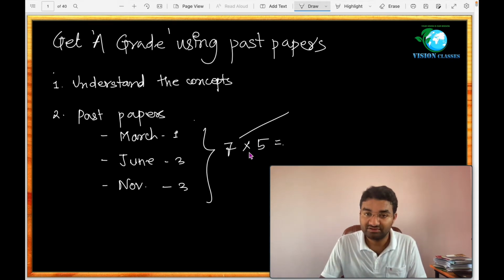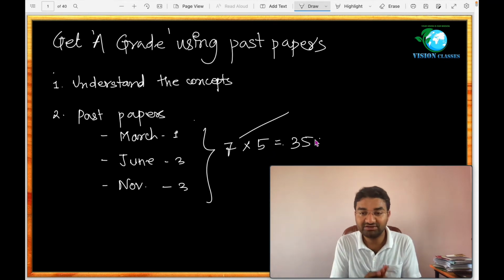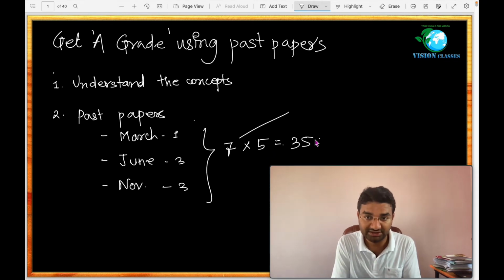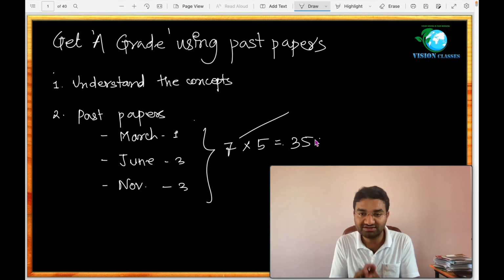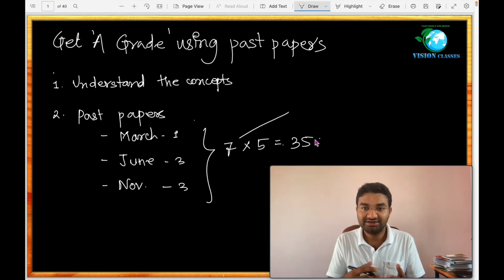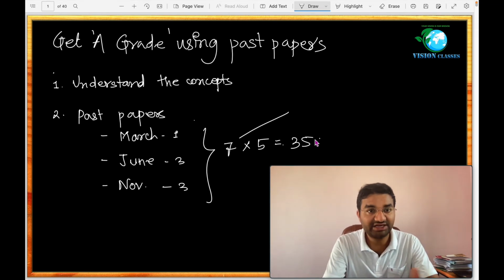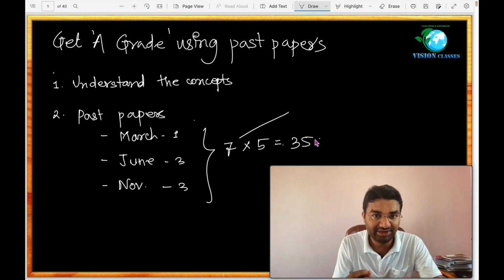So 5 times 7 is 35 papers in your hand. Once you're done with the conceptual understanding, you can move on to these papers, and the papers give you a real and in-depth understanding of what's coming in your exam. This is the real advantage of doing the past year papers.